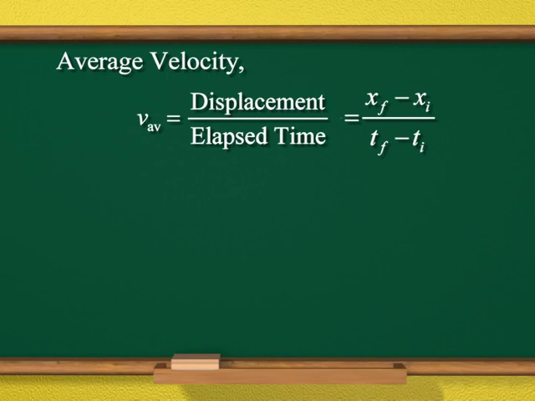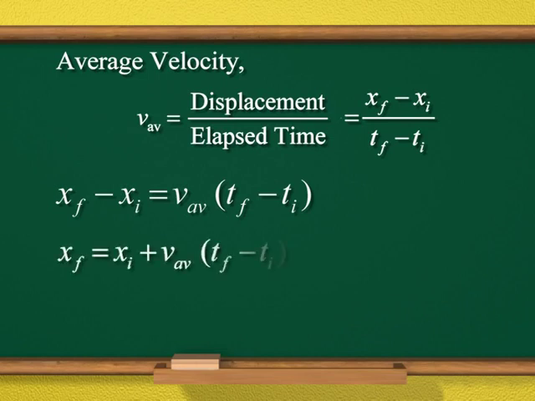This can be rewritten as xf minus xi equals v average times tf minus ti, or xf equal to xi plus v average times tf minus ti. In fact, this relation is applicable whether the acceleration is constant or not.